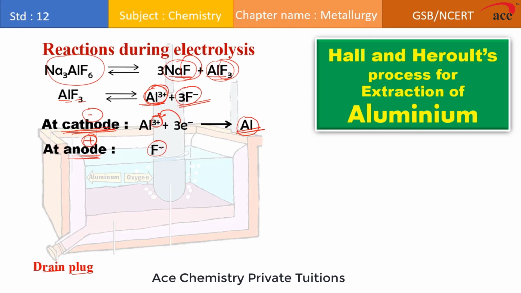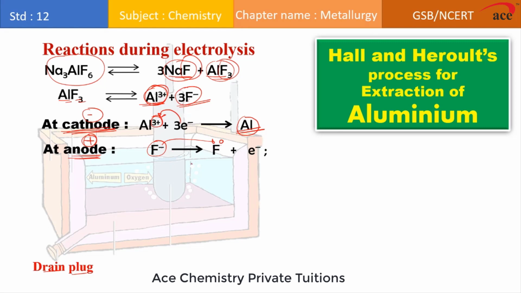So during oxidation there has to be a loss of electrons. There is one negative charge, so it has one extra electron, so it is going to lose one electron. If it loses one electron, it forms an atom of fluorine. You can check the change in the oxidation state also, from -1 to 0.